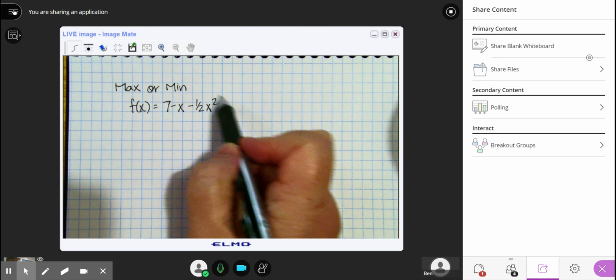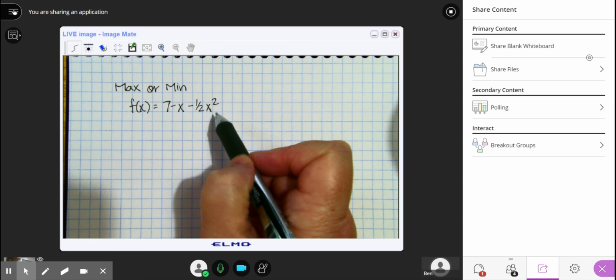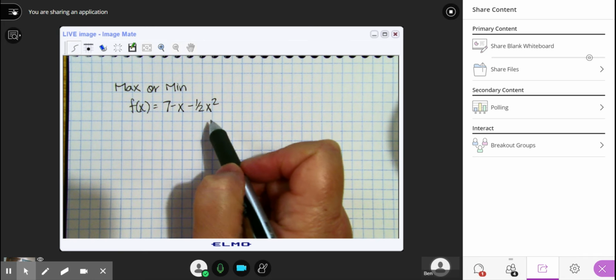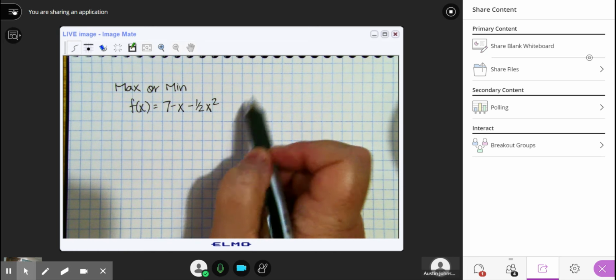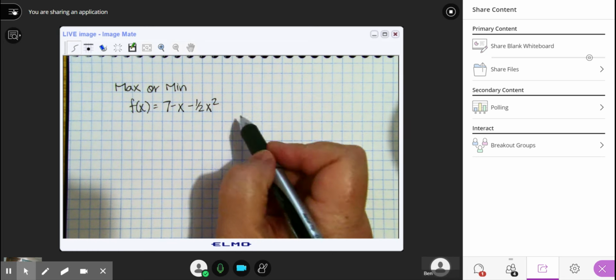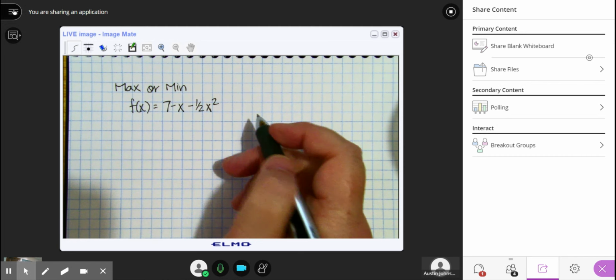Okay. What kind of function would this be? Okay. Which means the shape would be? Yep. So we've got a parabola here.